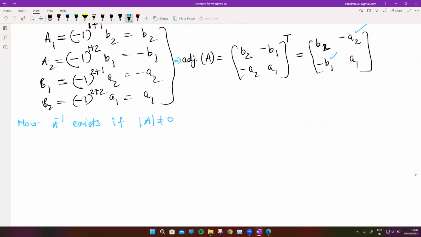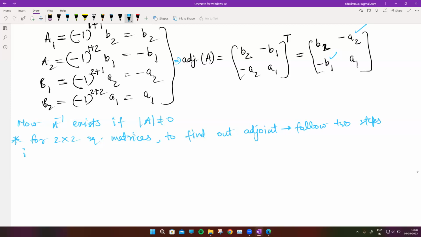Yes, so this is a shortcut for 2 cross 2. For 2 cross 2 square matrices, to find the adjoint, follow 2 steps. First step is interchange the diagonal elements.